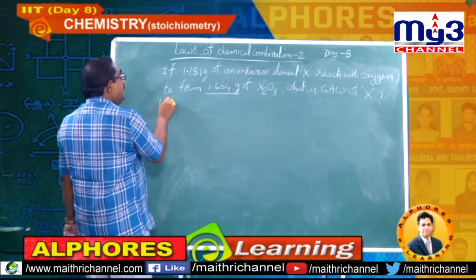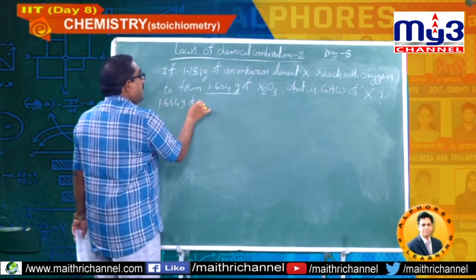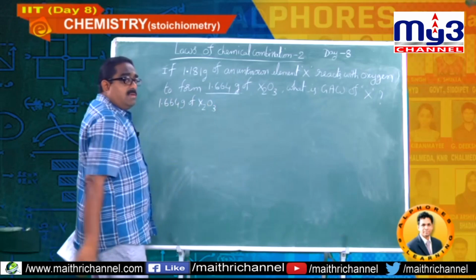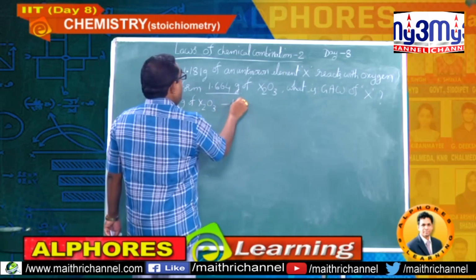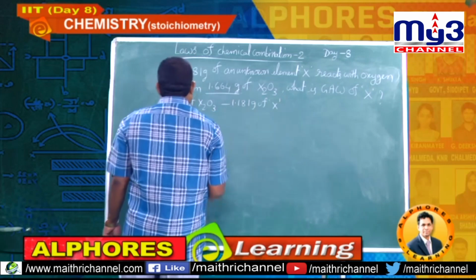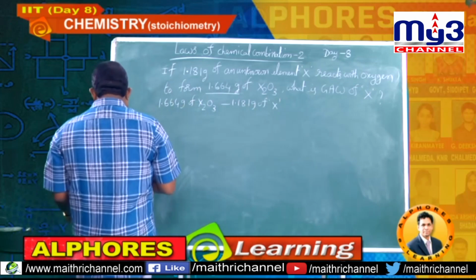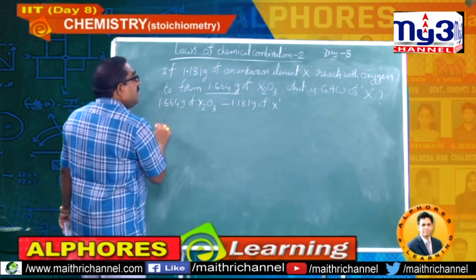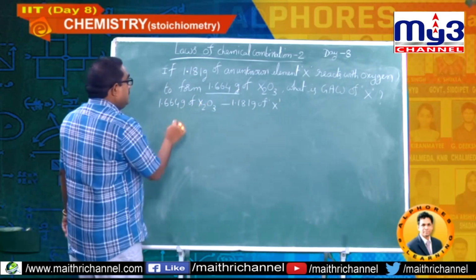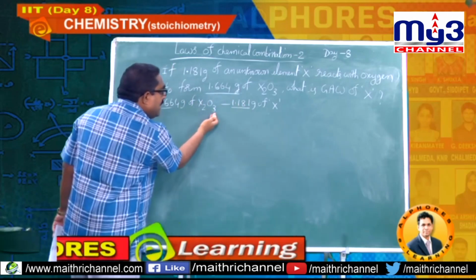See, students, 1.664 grams of X2O3, note it down, contains 1.181 grams of element X. So if you subtract this, you will get 0.463, the difference of these two. That is nothing but oxygen.